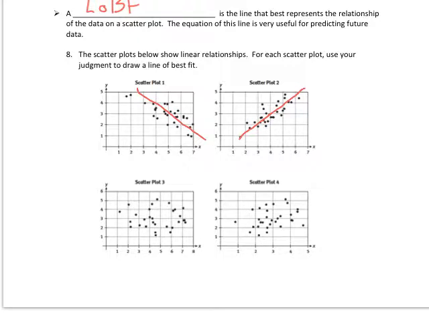Scatter plots like 3 and 4 get a little more tricky, right? In general, would you say the data on scatter plot 3 is in a positive relationship or negative relationship? Or just like no relationship at all? When you look at the top of it, it looks a little bit more negative. It might look a little bit more negative, but when I see all these points down here grouped together, it almost looks pretty flat.